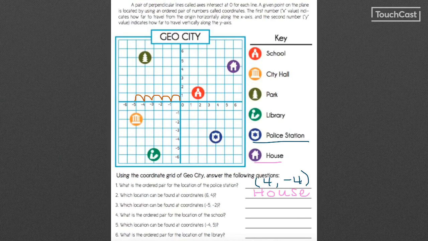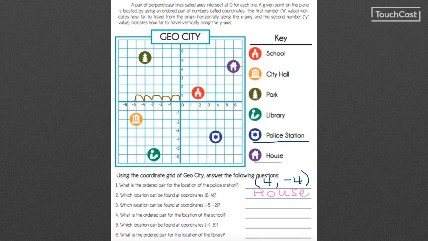Next, I want to figure out what location can be found at negative 5, negative 2. Now, who can remember, if I have 2 negative numbers, what quadrant am I going to end up in? If you said quadrant 3, give yourself a pat on the back. If I have 2 negative numbers, a negative x and a negative y, I'm going to be down in the bottom left corner in quadrant 3.